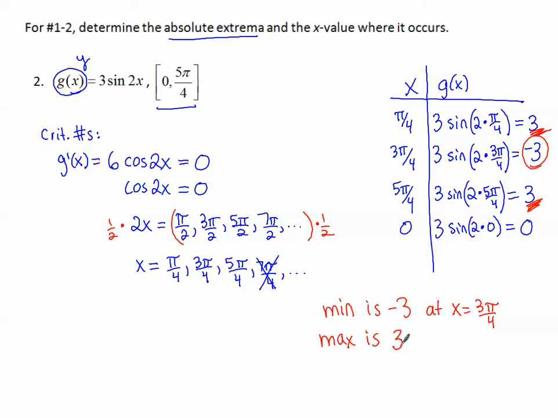Of course, only one maximum, only one number can be the highest. Where it's located can be at multiple places. This maximum is located at pi over 4 and 5 pi over 4. And there we go.